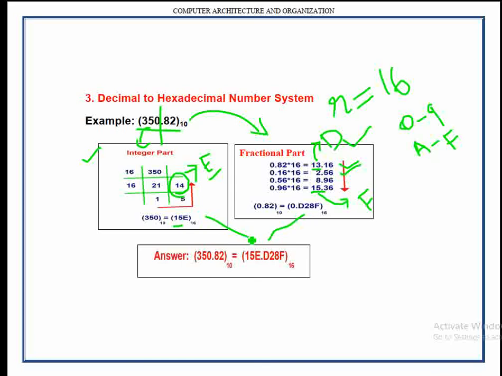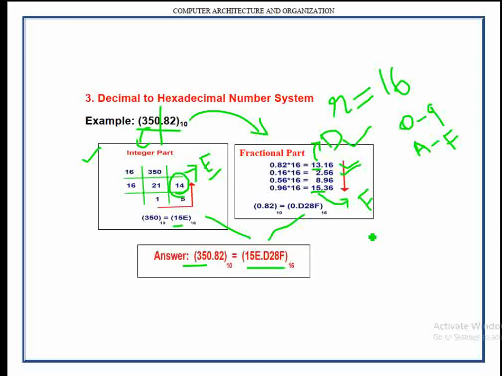If we combine them, we get the final hexadecimal equivalent value for the given decimal number 350.82. What is the hexadecimal equivalent value we got? 15E.D28F. That is, 15E from the integer part and D28F from the fractional part.